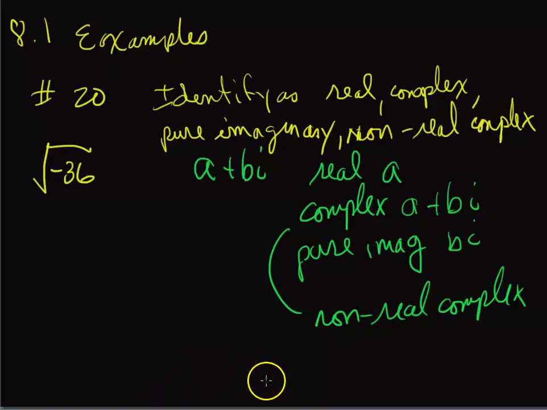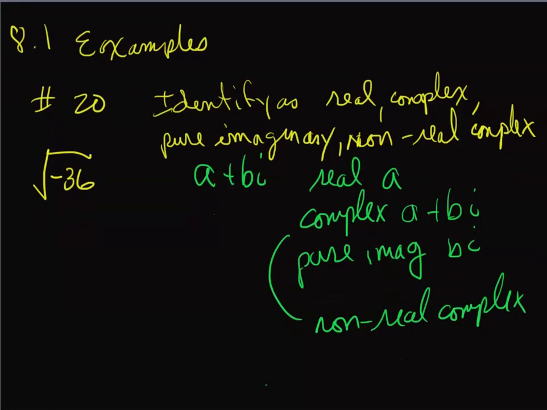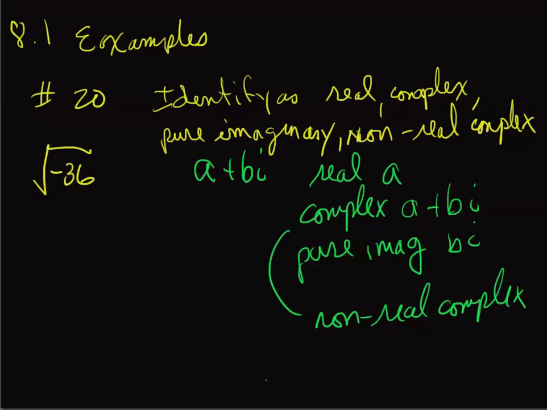So let's make sure this is clear. A real number is also a complex number. So this real number is also a complex number. This is a complex number because it's got both a real and imaginary part. This is a complex number because it's got the i.